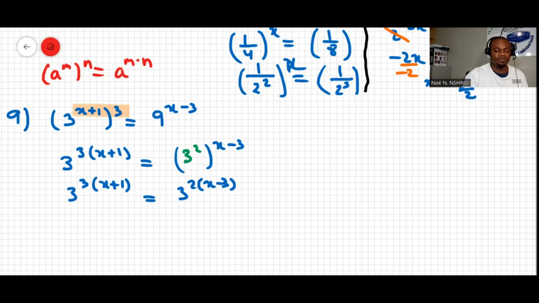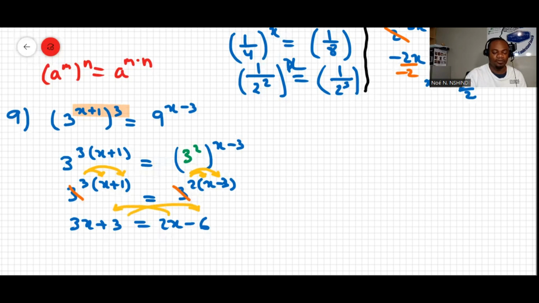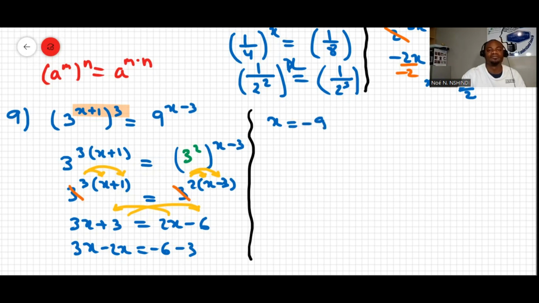Now the bases are common, we can just drop the bases, and over here we do this times that, this times that, this times that, and this times that, and that makes 3x plus 3 equal to 2x minus 6. Now we can move 2x over and then 3 over. That makes 3x minus 2x equal to negative 6 minus 3. Now let's just simplify, and that makes x equal to negative 9. Okay.